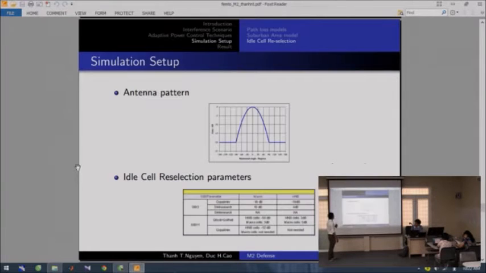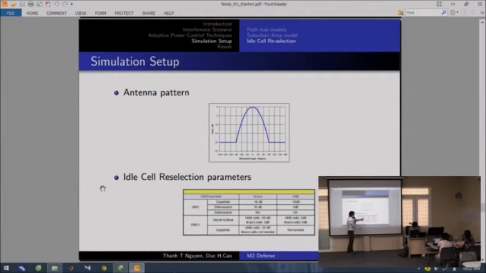Next. This is the antenna pattern in the macro cell. In the macro cell area, we use a 3-sector antenna, and each antenna is a directional antenna. So this is the gain of the antenna depending on the horizontal angle. And idle cell reselection parameters. It's not clear here.